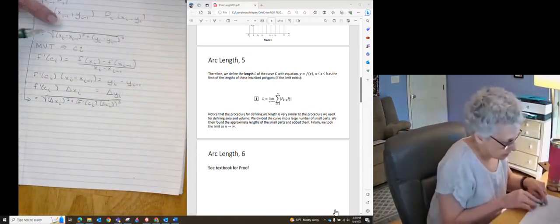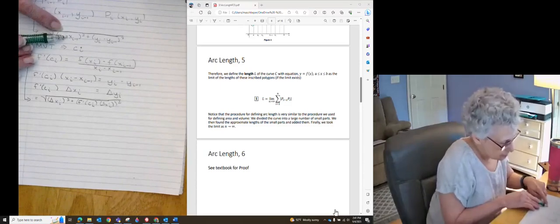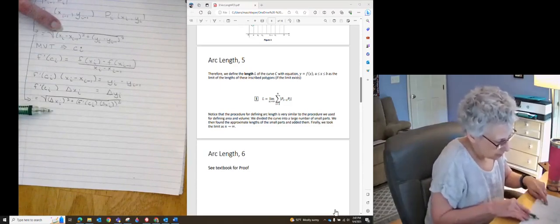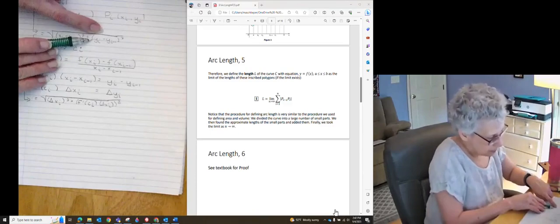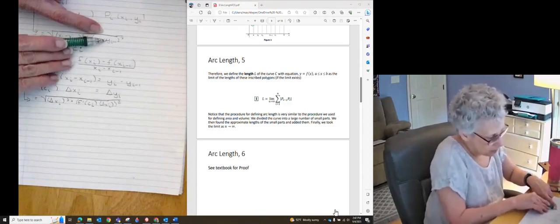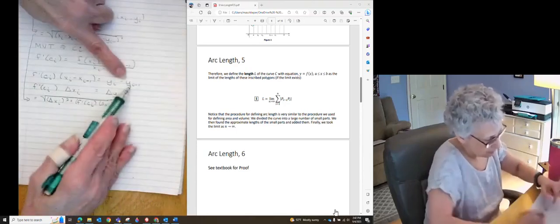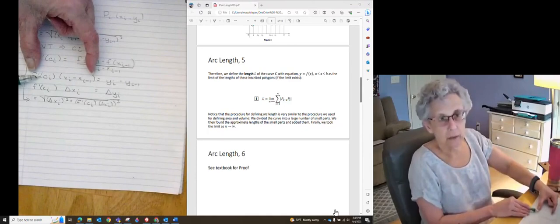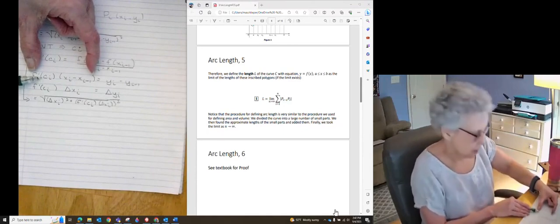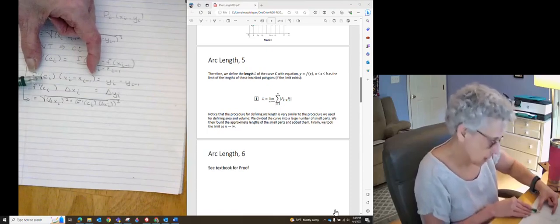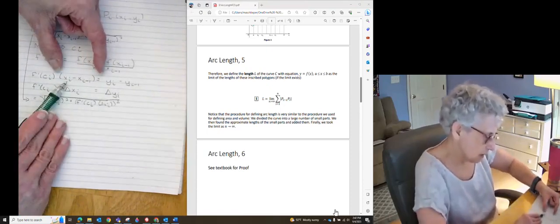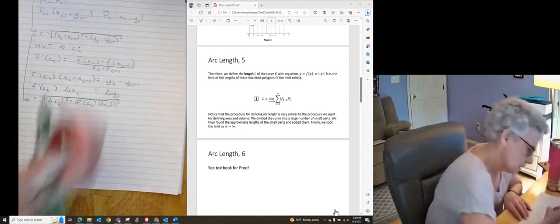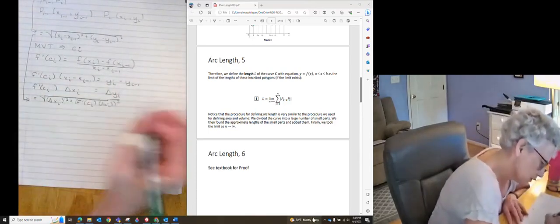So I replaced X sub I minus X sub I minus 1 with delta X sub I. I replaced Y sub I minus Y sub I minus 1 with F primed evaluated at that number that's guaranteed to exist by the mean value theorem times delta X, because this is delta X, and that's delta Y.